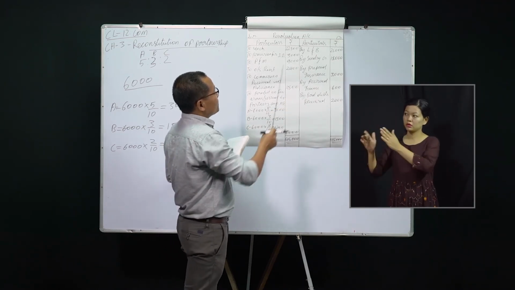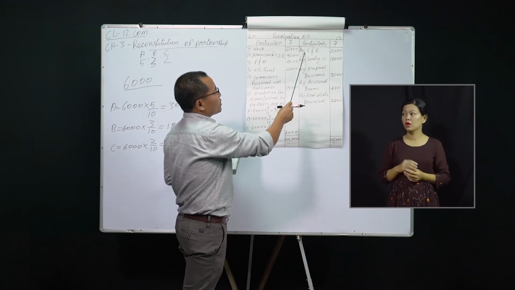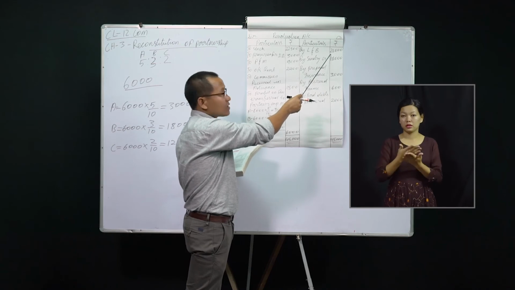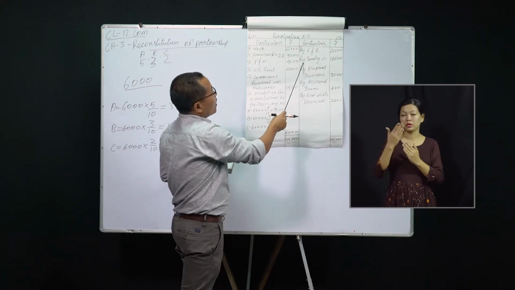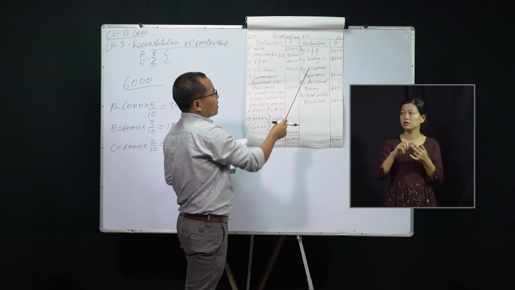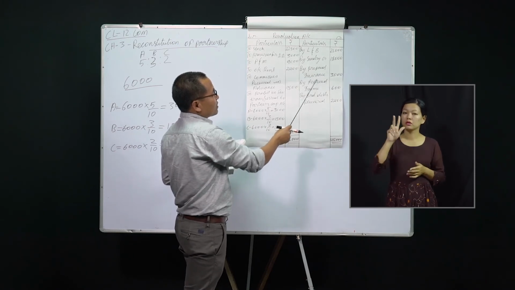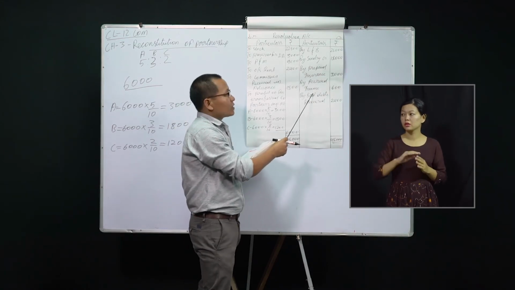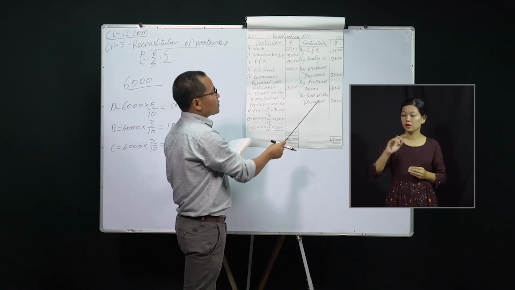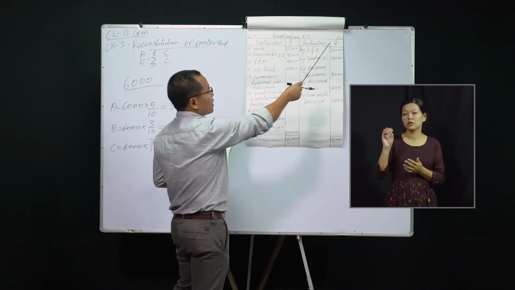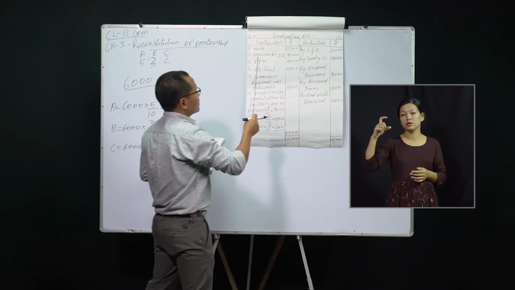First particular is by land and building, 21,000, that we have already journalized. And also by sundry creditors 18,000, by prepaid insurance 3,000, by accrued income 600, and by bad debts recovered 2,400. This is the credit side.